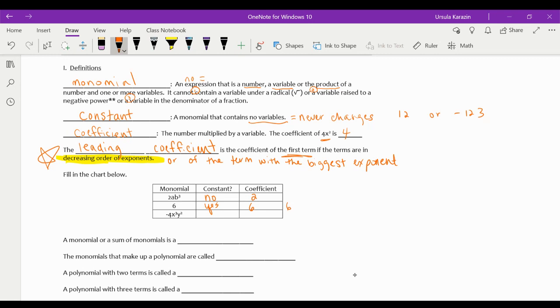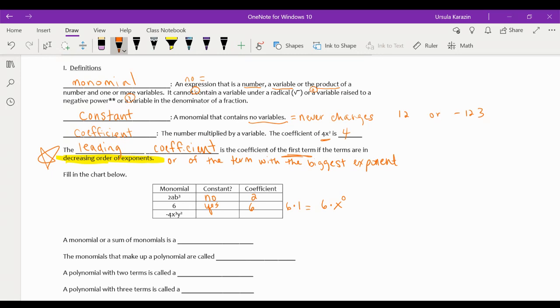Okay, so this is 6 times 1. So how can I make 1 a variable? Well, I could call it x to the some power. What power can I raise x to so that it's 1? 0. So 6 times 1 is 6 times x to the 0. So 6 is the coefficient.